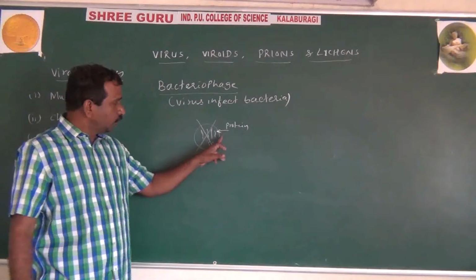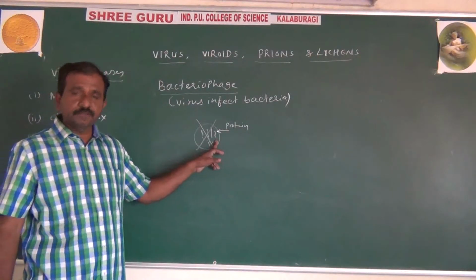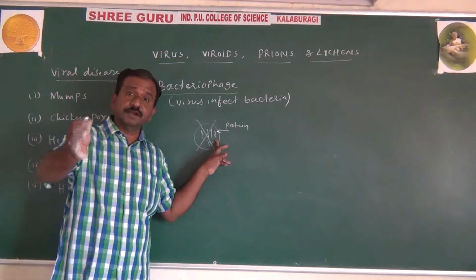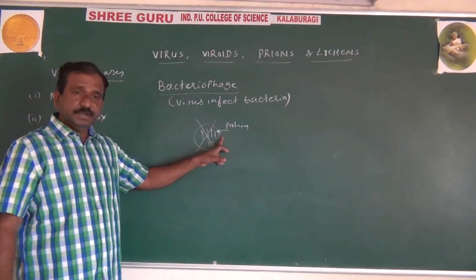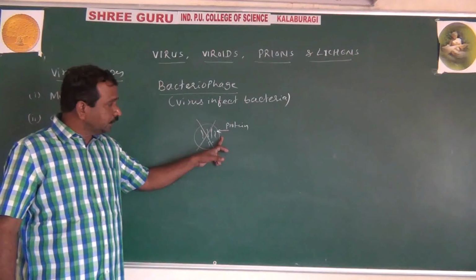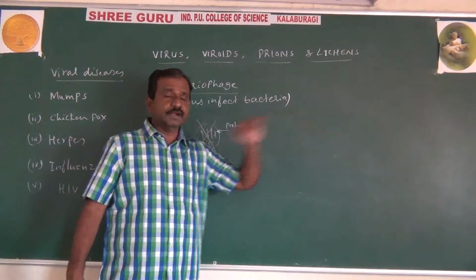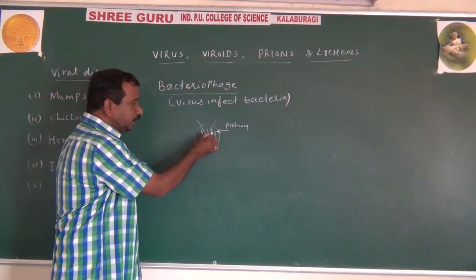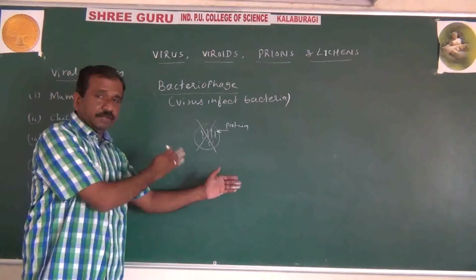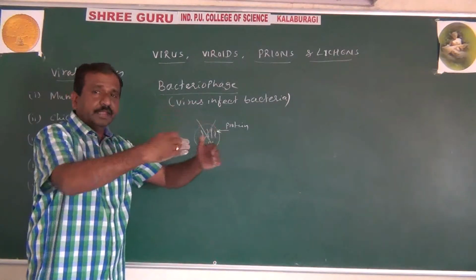Because there is no space inside. Bacteria itself is very small, and the virus is even smaller. If it wants to kill, it enters inside, with the protein coat staying outside only. Inside, it communicates with the DNA, so replication starts.